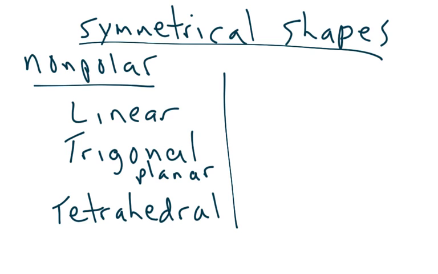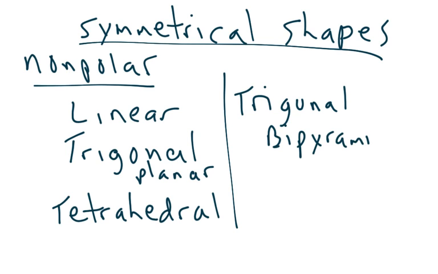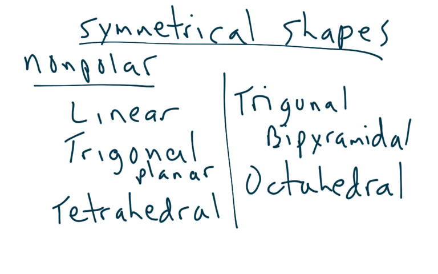Okay, we also have trigonal bipyramidal, okay, and the octahedral. In the video, I have shown you examples of all of these. These are all considered symmetrical shapes. Now, none of these have lone pairs. These are all bonding pairs.